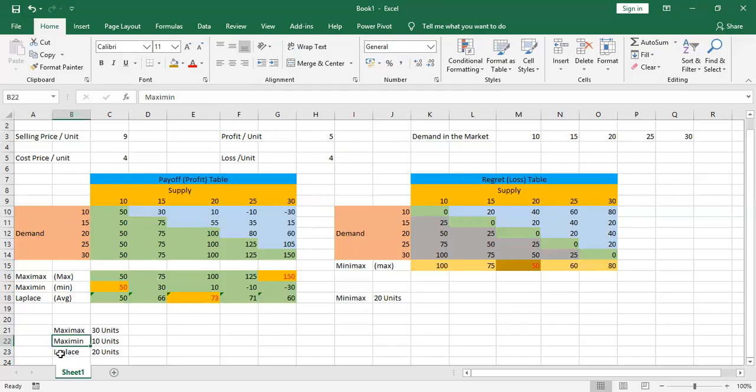And the third criterion, that means the third kind of personality, believes in average. You just tell me the average profit in each alternative. They will choose the alternative where they get the maximum average profit. So the person will get 73 out of average profit, and 73 is for 20 units. So the answer is 20 units.